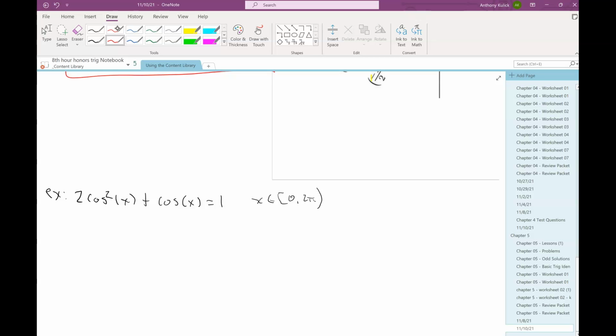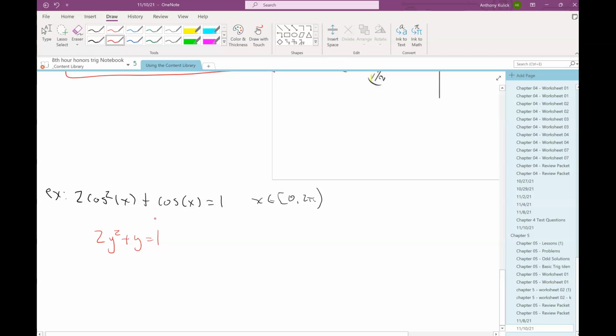Any bright ideas here? What does this kind of look like to you? What if I write it this way?